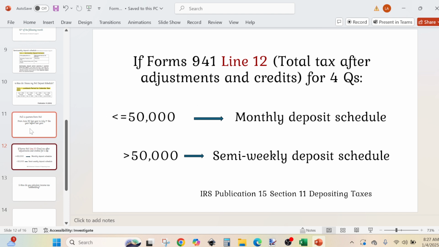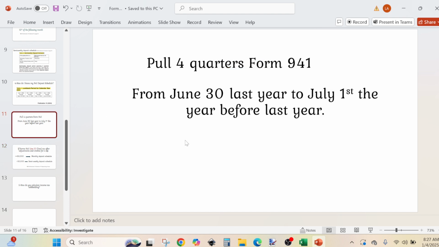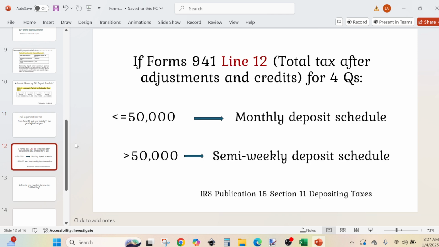Since it's related to 2024, you will use July 1 of the year before last to June 30 of last year, if that makes any sense to you. But pretty much you'll add your four quarters of Form 941 line 12 together.